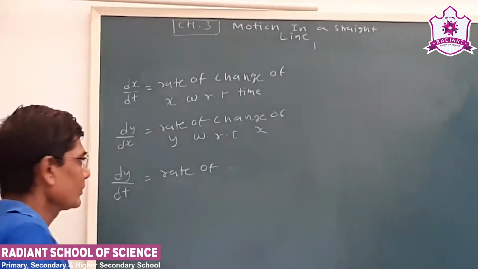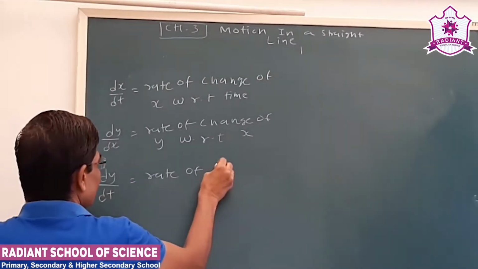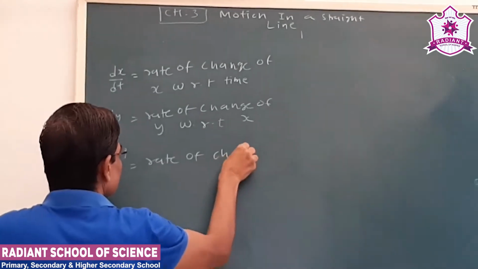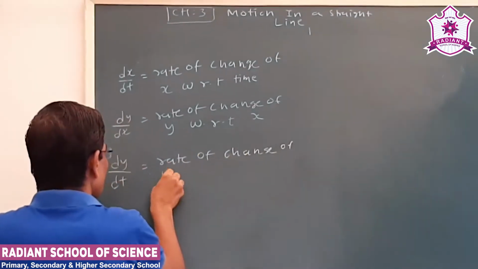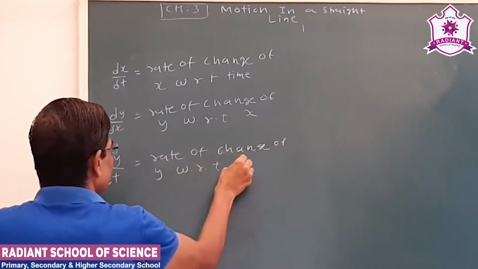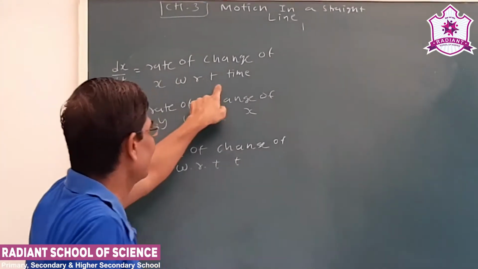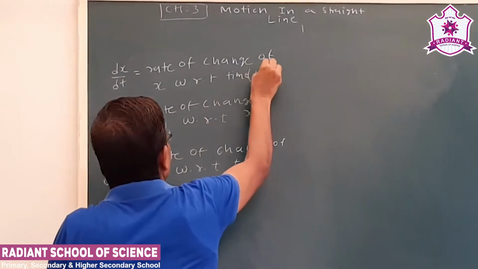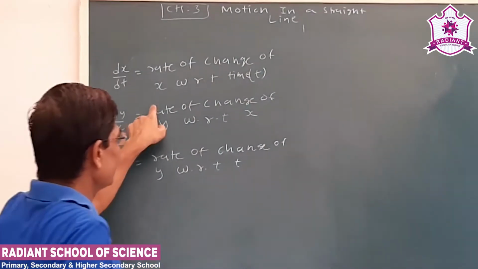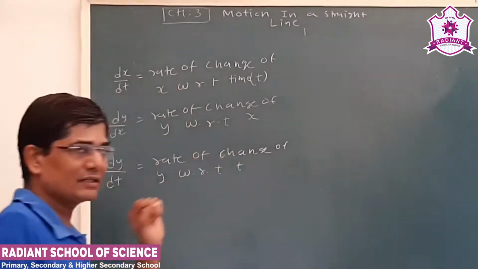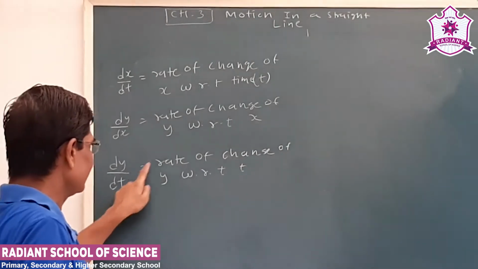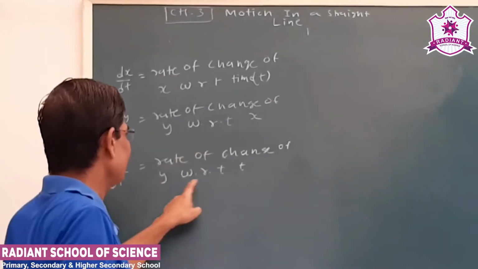Similarly, dy by dt is the rate of change of y with respect to time. So dx by dt is the rate of change of x with respect to time t, dy by dx is the rate of change of y with respect to x, and dy by dt is the rate of change of y with respect to time.